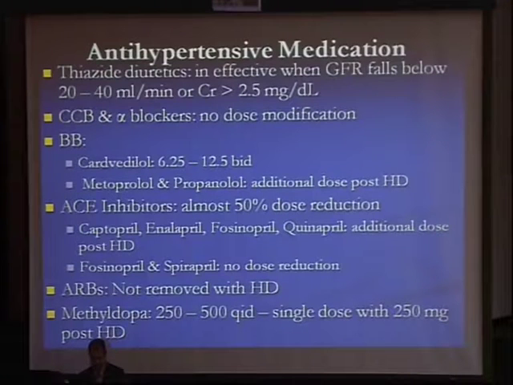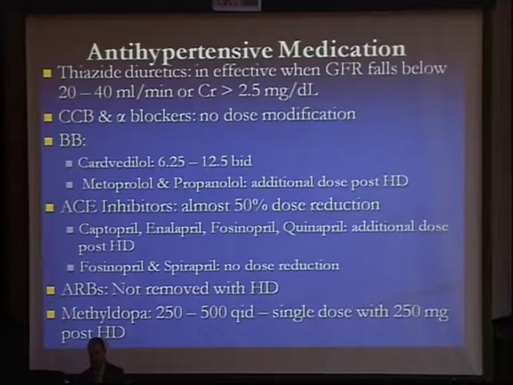So when the patient has this level of kidney function, thiazide diuretics will be of no use. Calcium channel blockers and alpha blockers need no dose modifications when the patient is on dialysis, whereas for beta blockers, the dose should be 6.25 to 12.5 BID, and metoprolol and propranolol need additional doses post-hemodialysis.